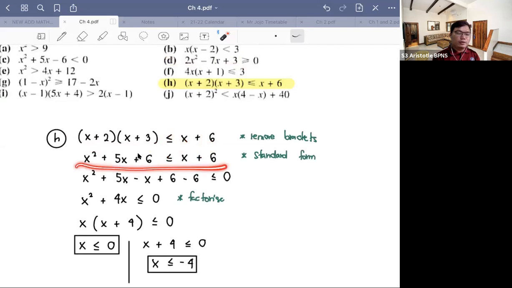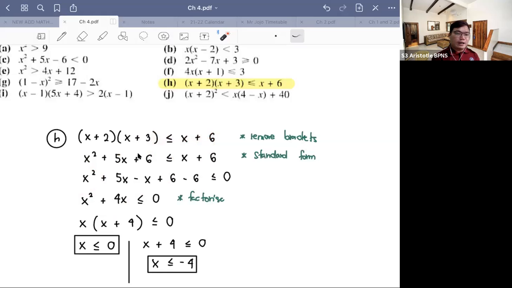Obviously, you need to change this to the standard form. So you need to transpose x plus 6 to the left side. So x becomes negative x, 6 becomes negative 6. What do you notice, class? You're left with x squared, and then this is 4x, and then this is 0, right? So you have x squared plus 4x is less than or equal to 0.